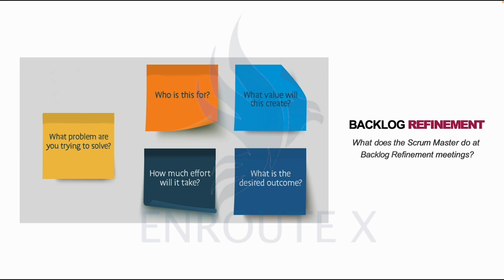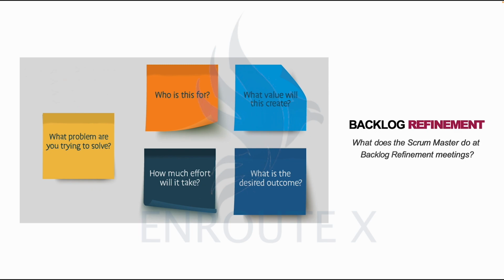As a quick background, we should remember what backlog refinement is. Backlog refinement is also called backlog grooming. So any time you hear backlog refinement or backlog grooming, we are making reference to the same thing.